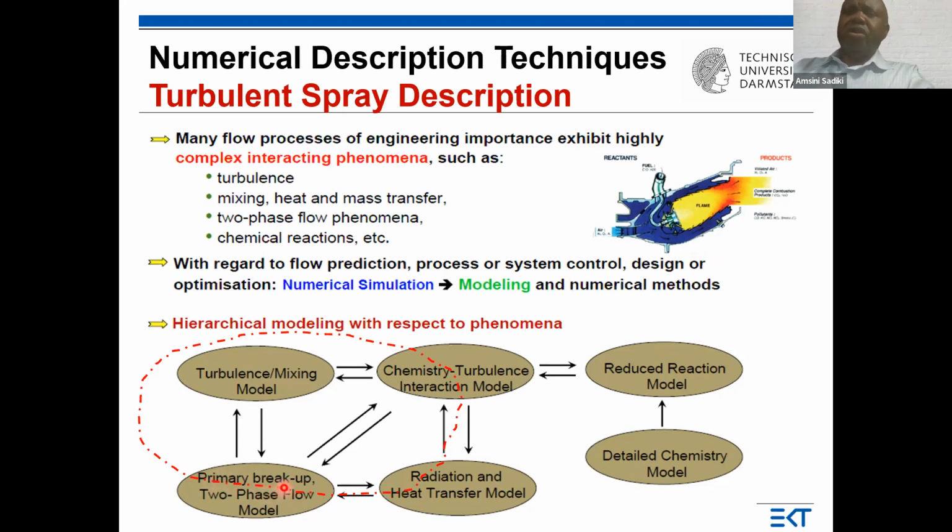You can also follow the calculation to predict the secondary breakup. And for the two-phase flow, we introduced everything which was needed: the mixing, the heat transfer, the mass transfer, and also we will now introduce the chemical reaction. So we focus now on this here.